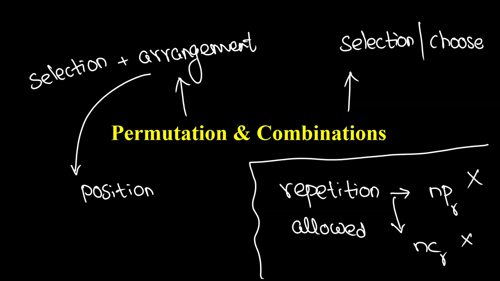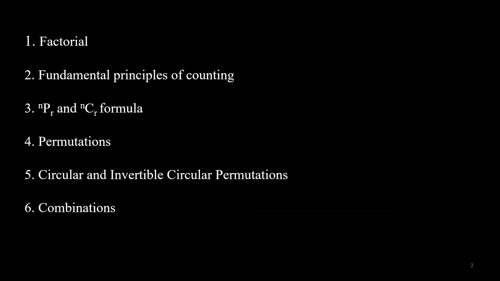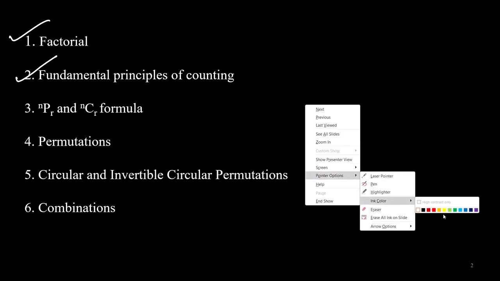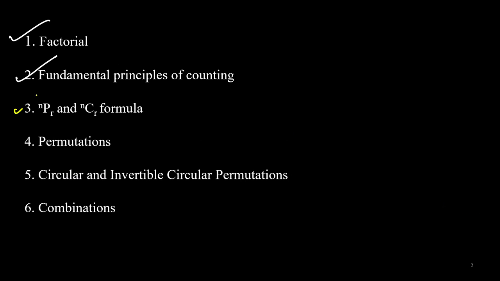Why is that? We'll discuss that also. So: principles of counting, factorial, and how we got the nPr and nCr formulas. I generally don't recommend applying the formula directly; I just want to make sure you know how the nPr formula developed. You people know the nPr formula is something like n factorial divided by (n minus r) factorial.